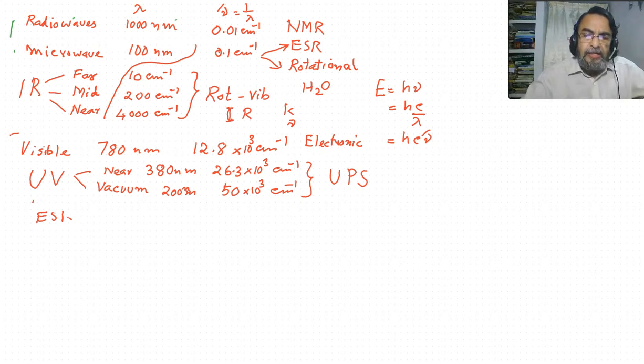Next, after ultraviolet, in the region of the electromagnetic spectrum, we have X-rays and gamma rays. X-rays start from 10 nanometer wavelength, that is of the order of 10 raised to 6 inverse centimeter.